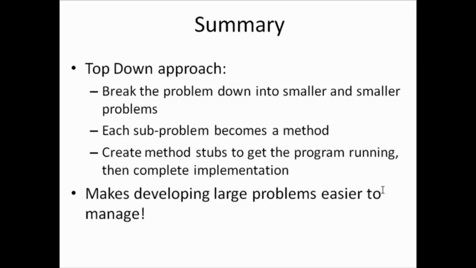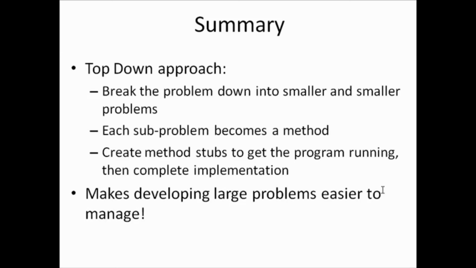We started off with the high-level problem, which was simply to get the month and year from the user and print the calendar out. Then we slowly broke this down into smaller and smaller problems. Each of these things that we needed to solve became a method. And the way we went about bringing the program together was to create method stubs to get the program running, and then complete the implementation of each method until we finally had the program working correctly.